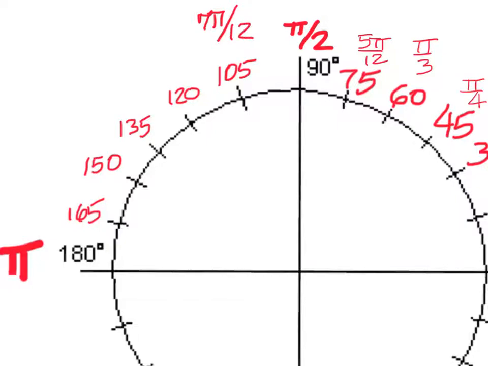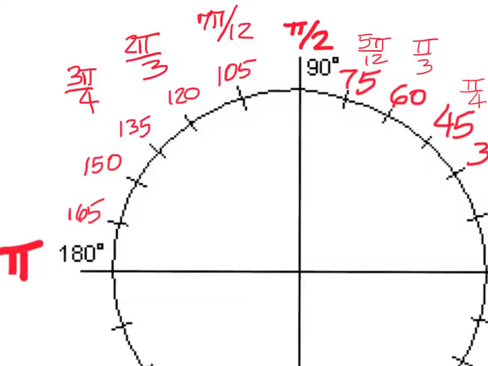The next one is 8 pi over 12, but you have to reduce it. 2 pi over 3. The next one is 9 pi over 12, but you have to reduce it. 3 pi over 4. The next one is 10 pi over 12, but you must reduce it.